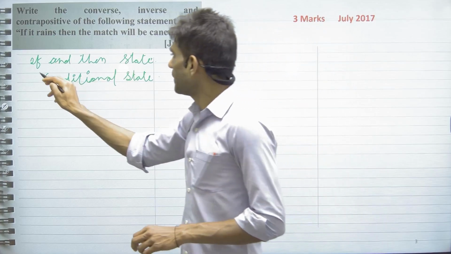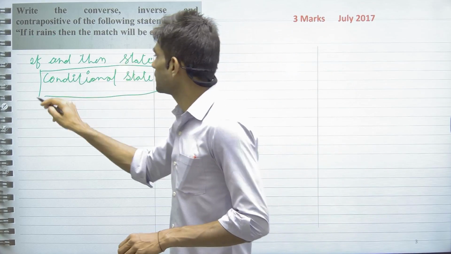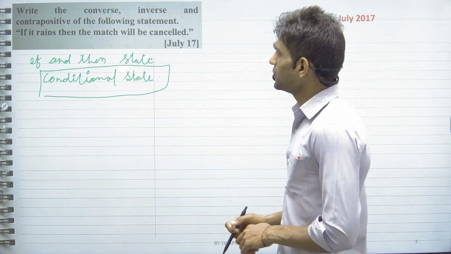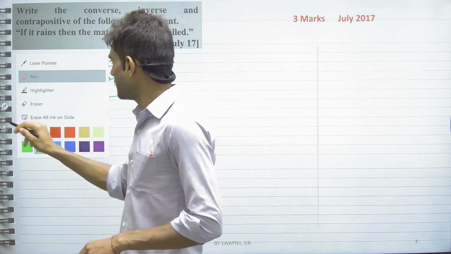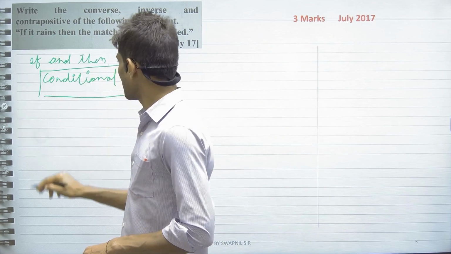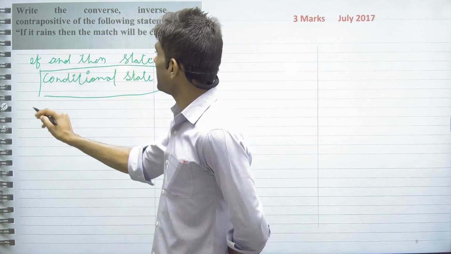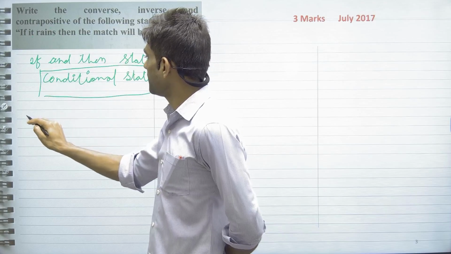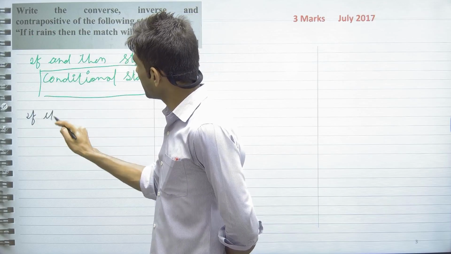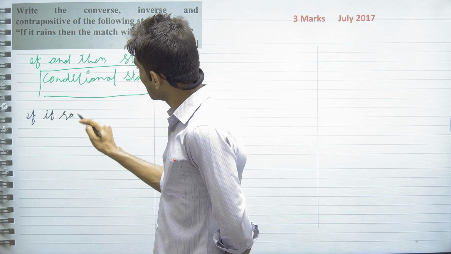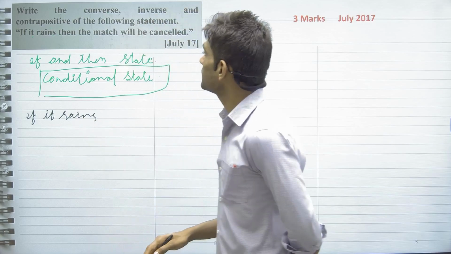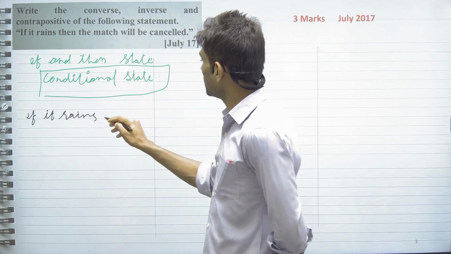So when we have a conditional statement, first of all we write it in symbolic form. Let's write it in symbolic form. We have the statement: if it rains, then the match will be cancelled.